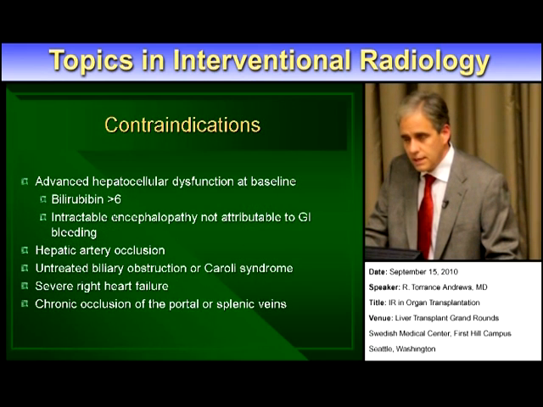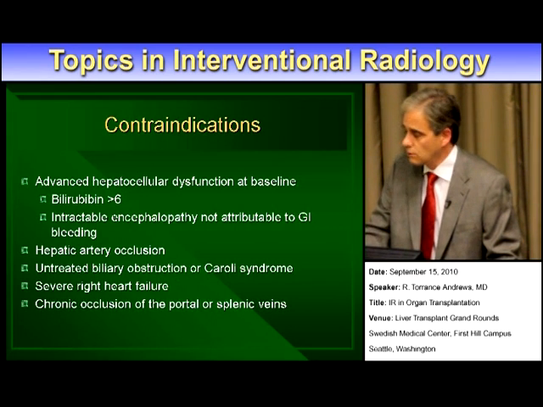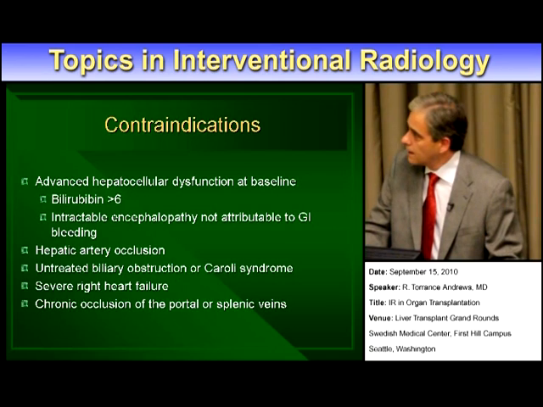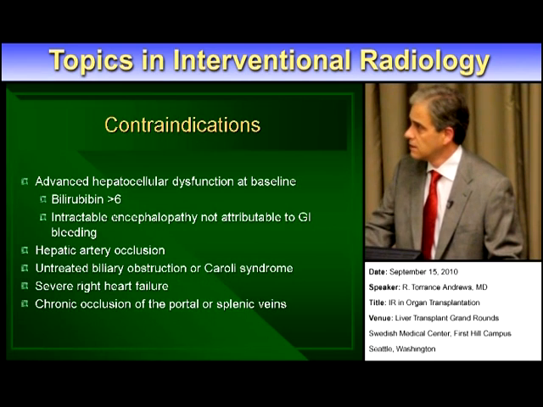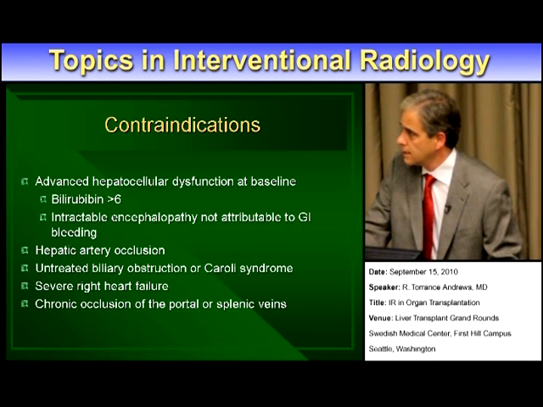Not many contraindications. If the liver's already so sick that it's just barely getting by, then making it even a little bit ischemic may be a significant problem. So generally we won't do a TIPS if the bilirubin is over 6. If they already have intractable encephalopathy and you can't attribute it to the bleeding that you're trying to fix, then a TIPS is probably not a good idea.